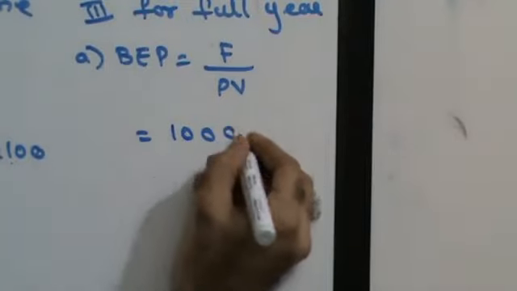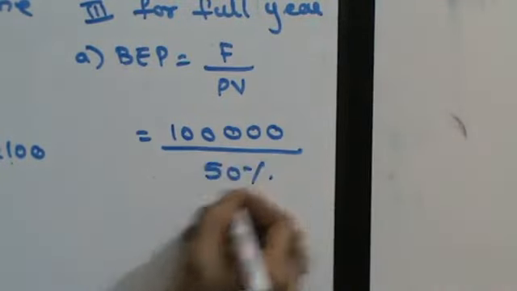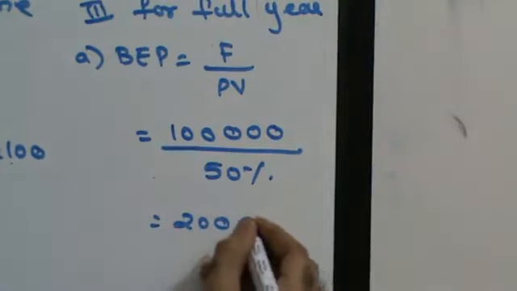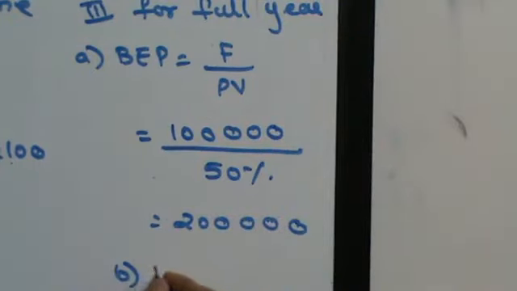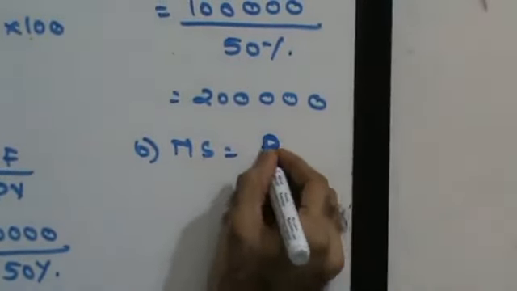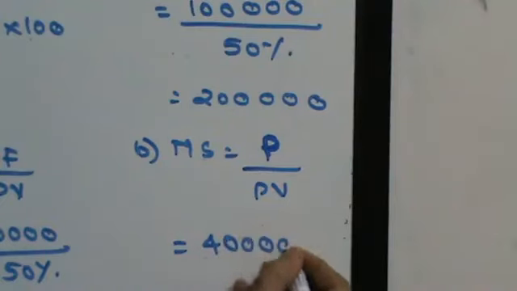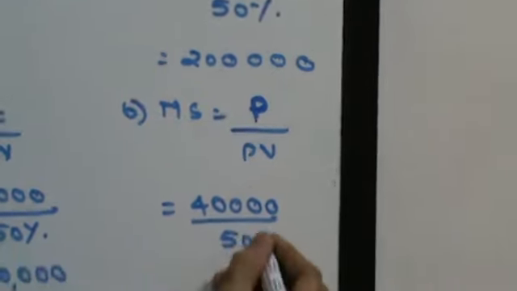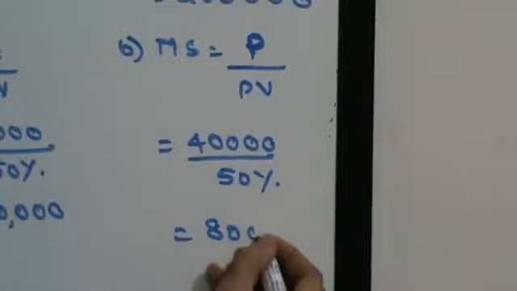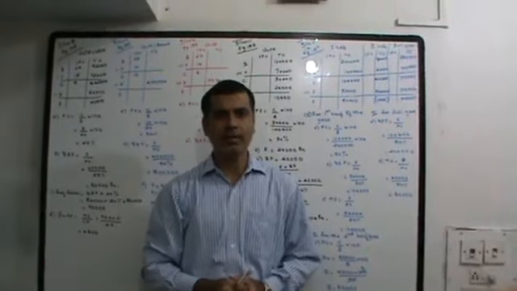F is 1 lakh divided by PV, 50%, which is going to be 2 lakhs. Next, MS is P upon PV. That's 40,000 divided by 50%, which is going to be 80,000. Right? This finishes the sum. We will stop here for the day. Thank you very much.